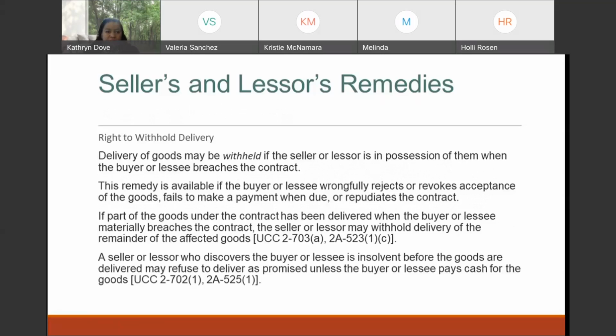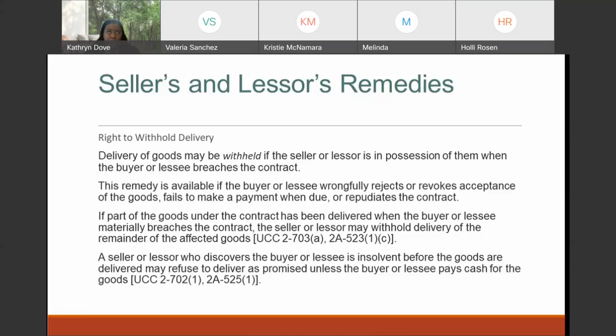What are the seller's remedies if there's a breach of contract? One is the right to withhold delivery. The delivery of the goods can be withheld if the seller is in possession of them when the buyer breaches the contract. Holly, how do you think a buyer could breach a contract for the sale of goods? By not paying in a timely fashion? Brilliant. Yes.